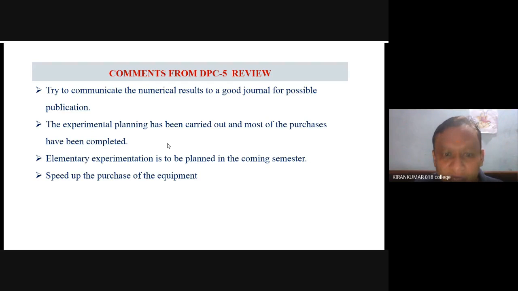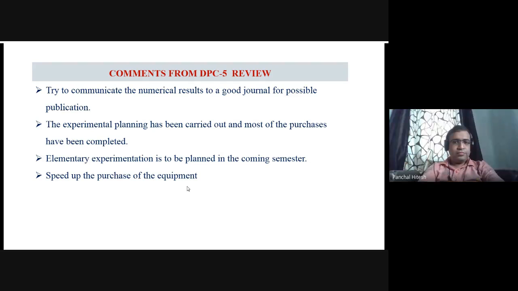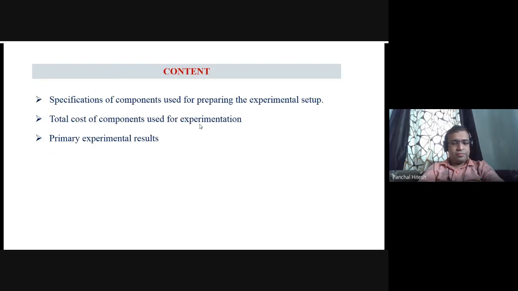Second, experimental planning has been carried out and most of the purchases have been completed, and elementary experimentation is to be planned in the coming semester. I still need to purchase the rest of the equipment.